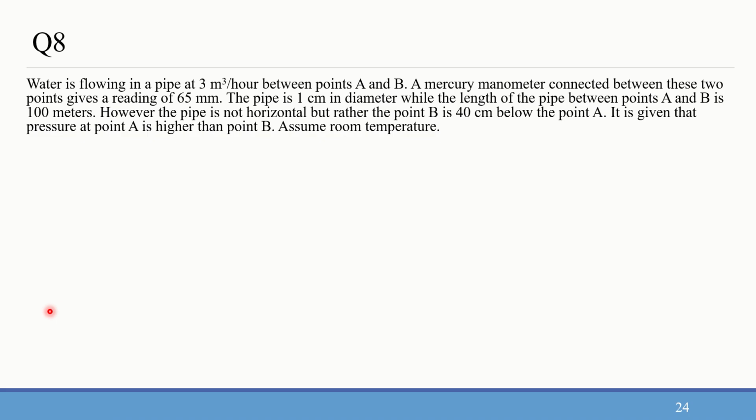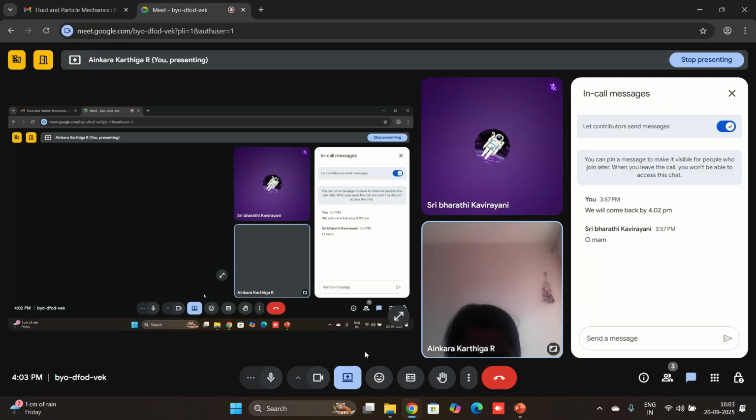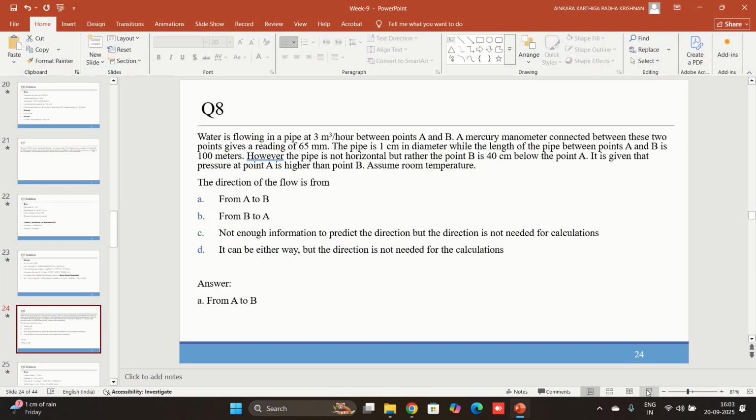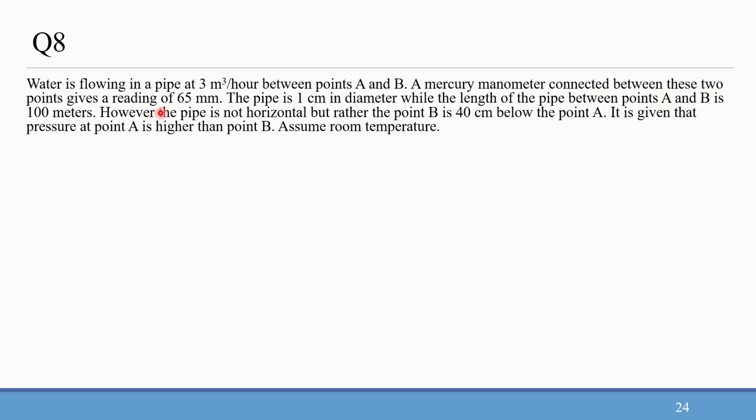So this question is similar to the question which we saw in the first problem, finding the direction of flow. Water is flowing in a pipe at 3 meter cube per hour between points A and B. A mercury manometer connected between these two points gives a reading of 65 mm.